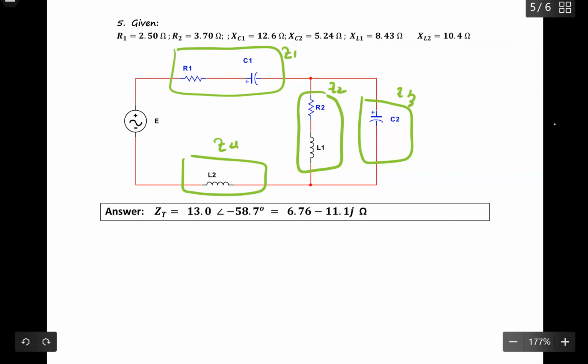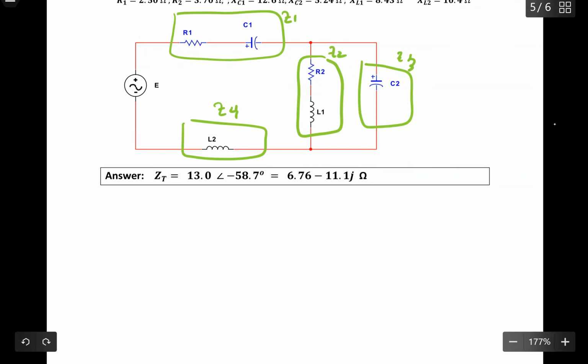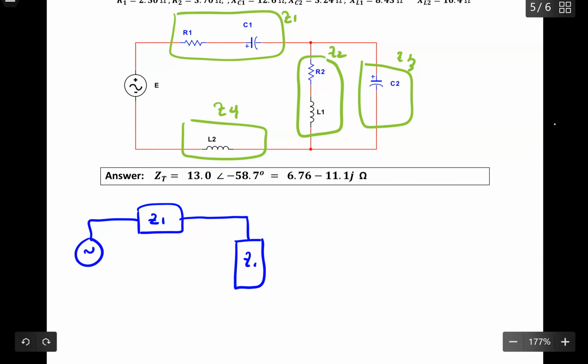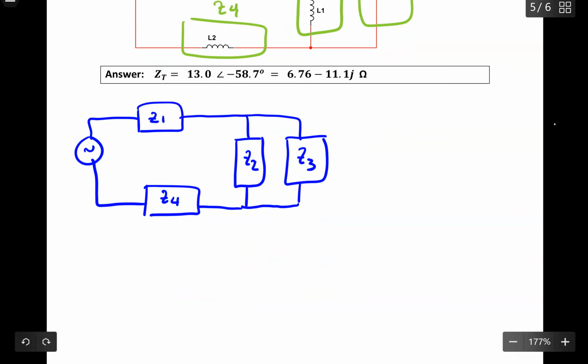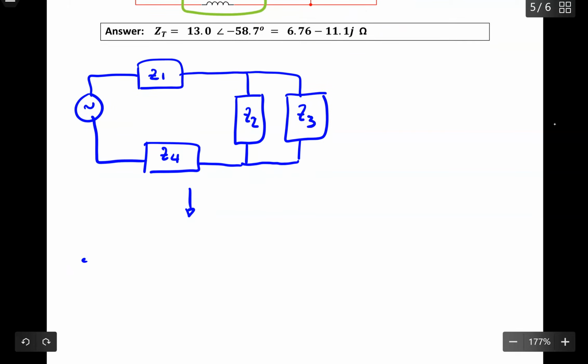The simplified diagram will look like this: Z2 and Z3 are parallel to each other and now connected in series with Z4 and go back to the source.